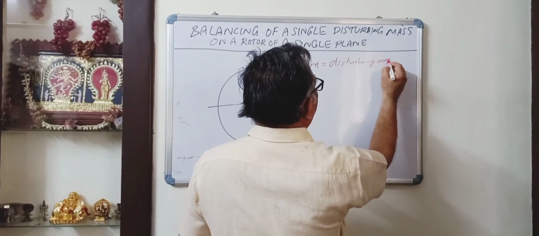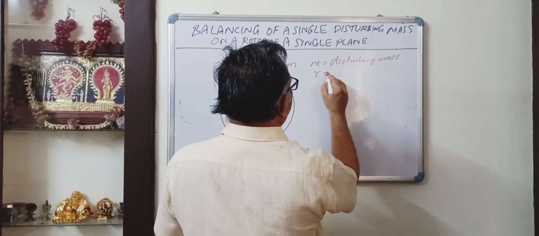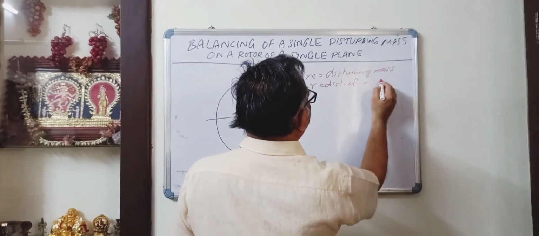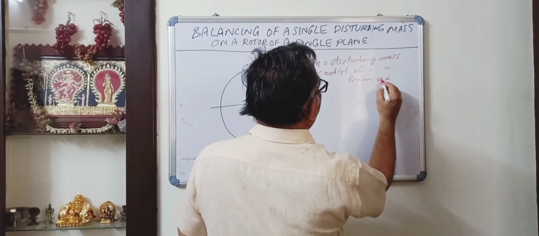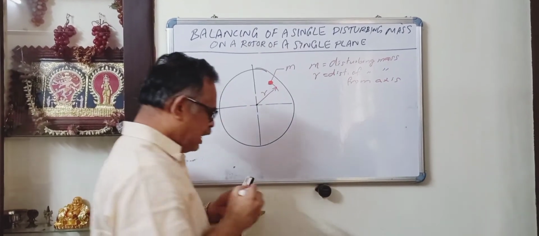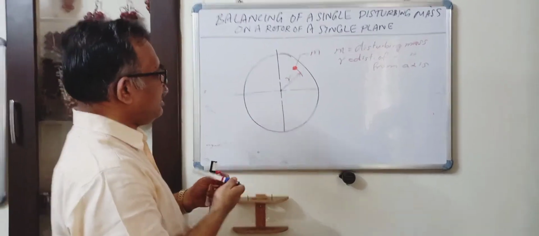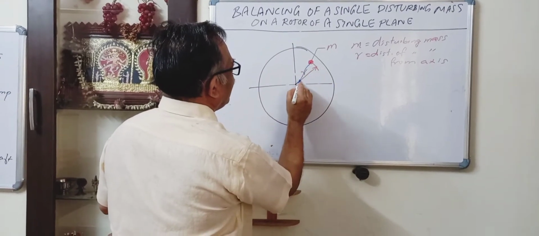So m is the disturbing mass, and r is the distance of the disturbing mass from the axis. This can be balanced by placing another mass exactly in the opposite direction.